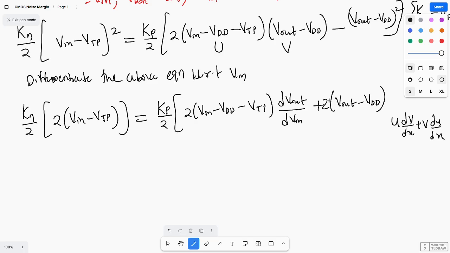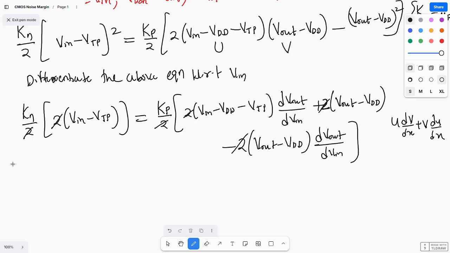And next minus 2 into Vout minus VDD, since differentiation of x square is 2x, into dVout by dVin. Anyway the 2 gets cancelled, all 2 get cancelled.